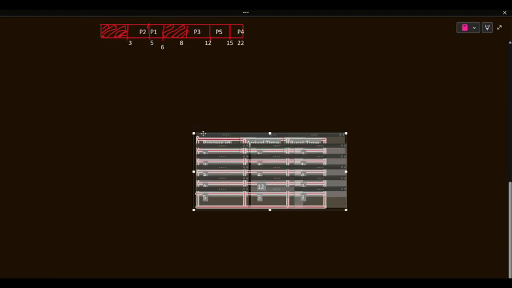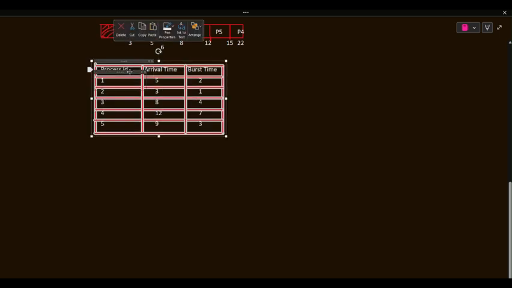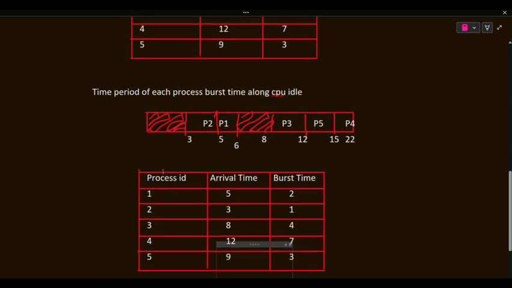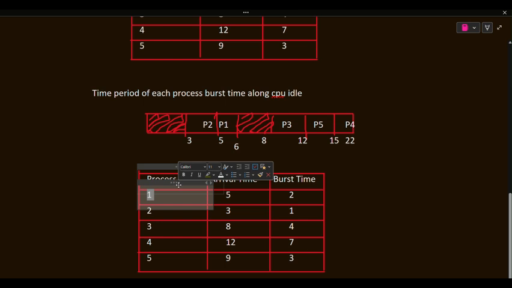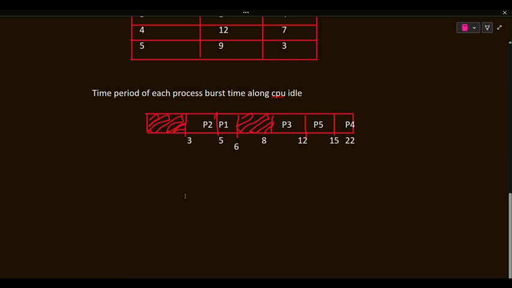Okay, let me change the headings. Okay, no problem. Let's write it this way. CT indicates the completion time, WT indicates the waiting time, and TAT indicates the turnaround time.